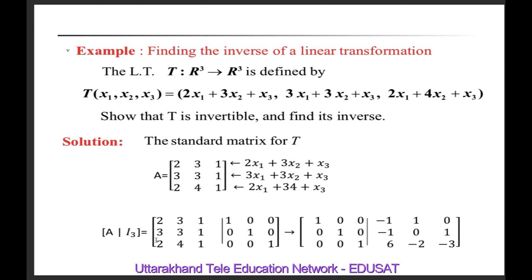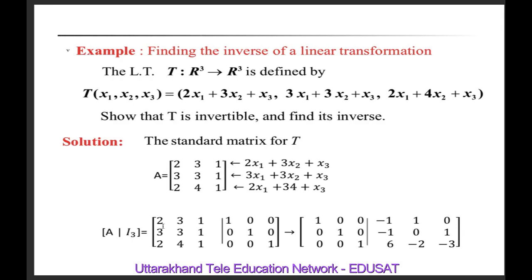We will make this 0 and this element 0. 3 can be reduced to 0 by multiplying the first row by 3 and then subtracting it from 3. So this will become 0, because here after division by 2 we will have 1. And here also we can reduce it to 0 by multiplying by 2 and subtracting it from 2.